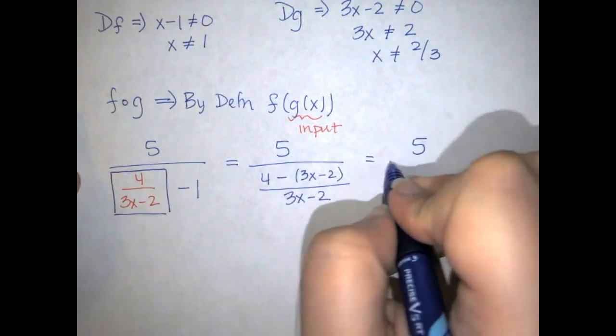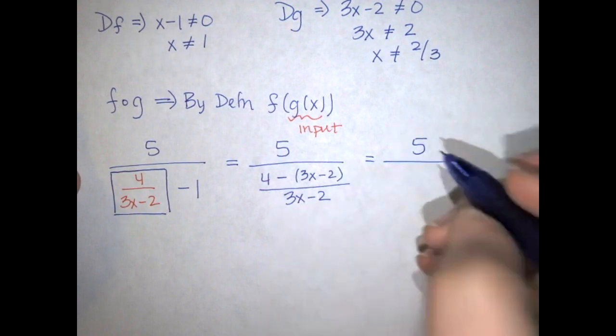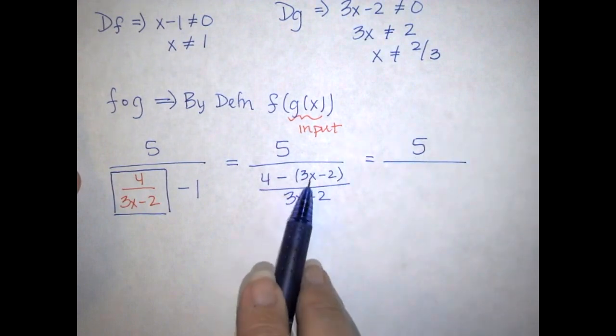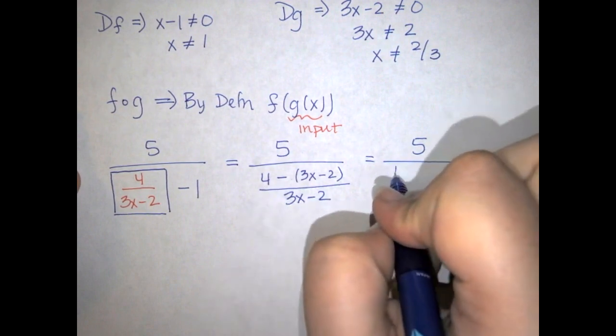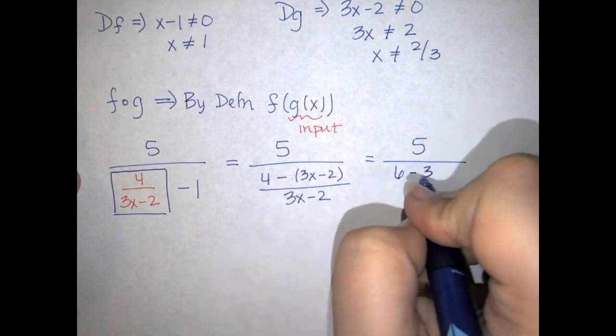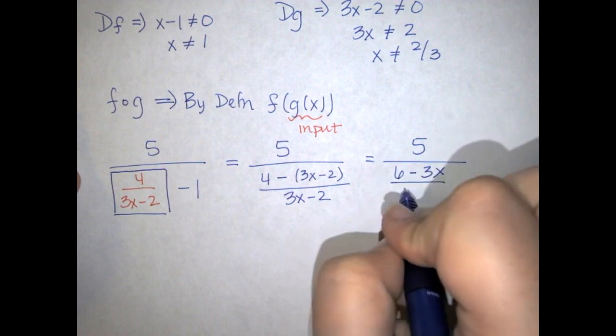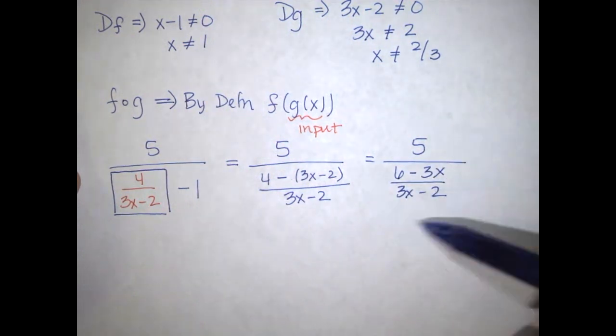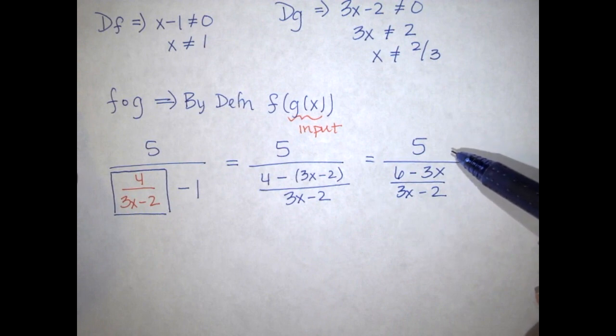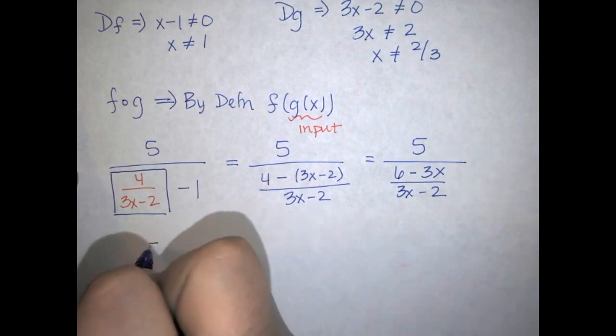And so now I need to continue to simplify. So this is 5 over, distribute the negative, so this is negative 3x and a positive 2. So 4 plus 2 is 6 minus my 3x, all over that 3x minus 2. And then from here we need to apply our rule, which says keep the top, flip the reciprocal of the bottom.